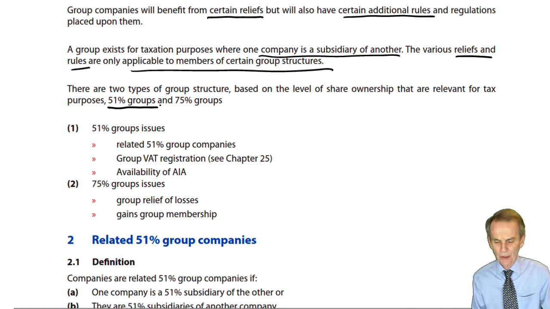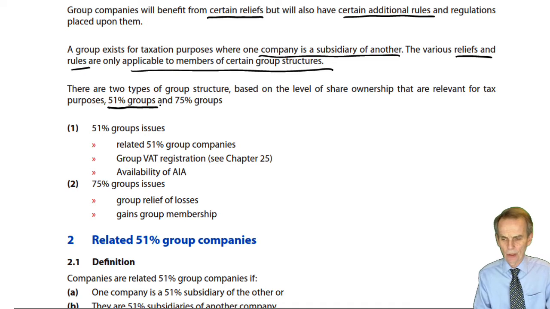The rules that apply there and the issues that we've got to deal with are fairly limited, in all honesty. And two of the issues that come up here are actually issues that we've already confronted in earlier chapters, basically in Chapter 16. I don't expect you to remember those, don't worry, but I'll be reminding you of them in just a few minutes' time.